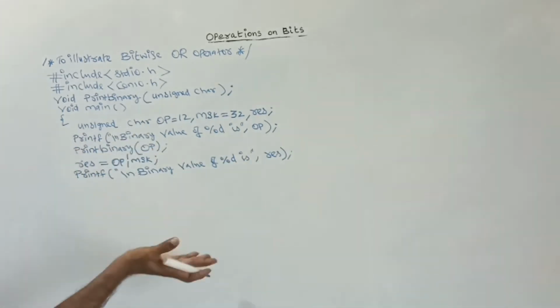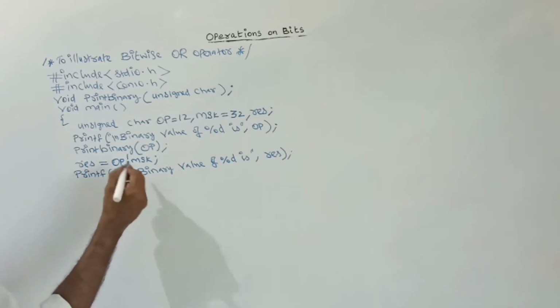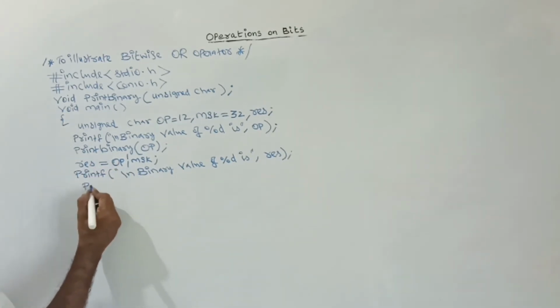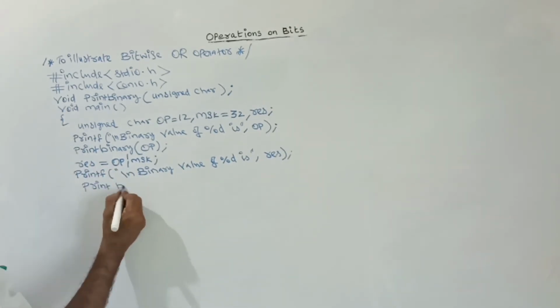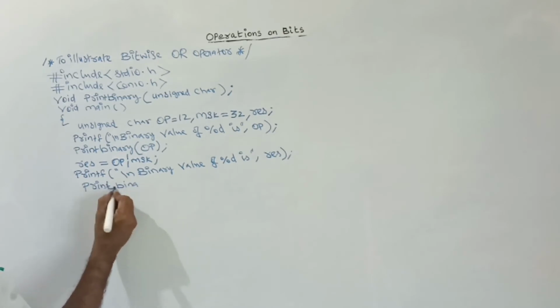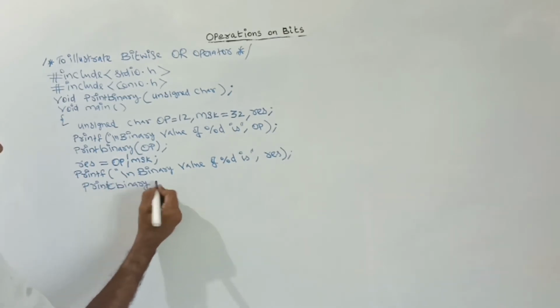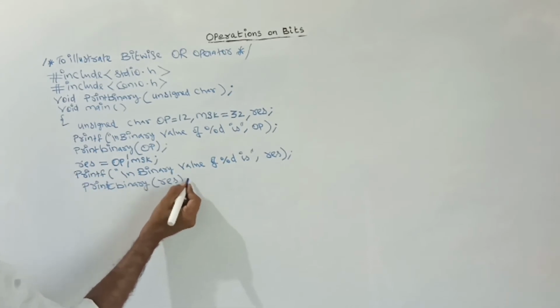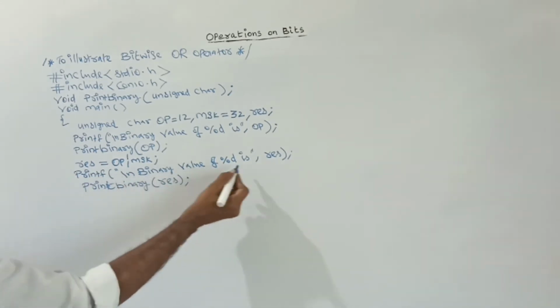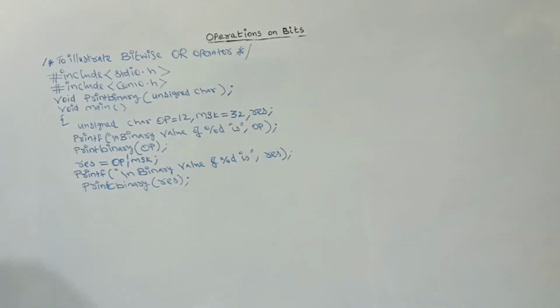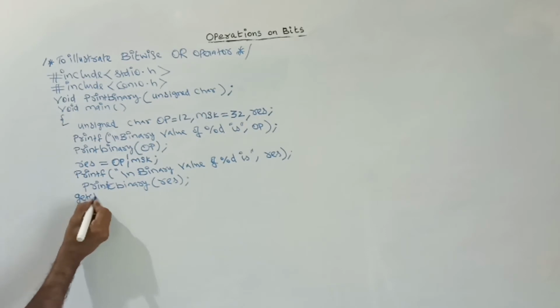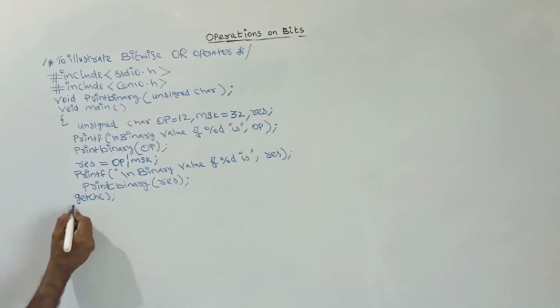After that, I am telling it to print the binary value. So here I am calling print binary, passing this res decimal value. So the binary of this resultant value will be printed. Next getch. I am closing this main.